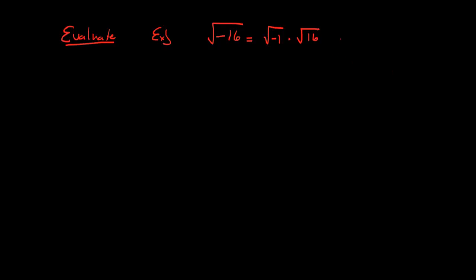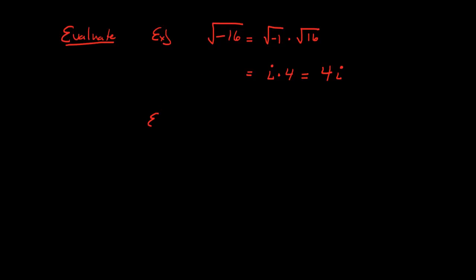We know the square root of negative 1 is equal to i, and the square root of 16 is equal to 4. So we would write this solution as positive 4i, because this is an imaginary value, so your solution must have that imaginary i in it.